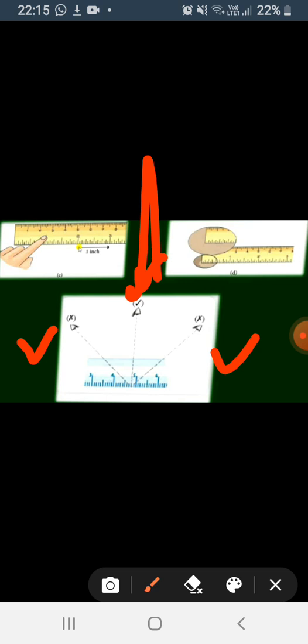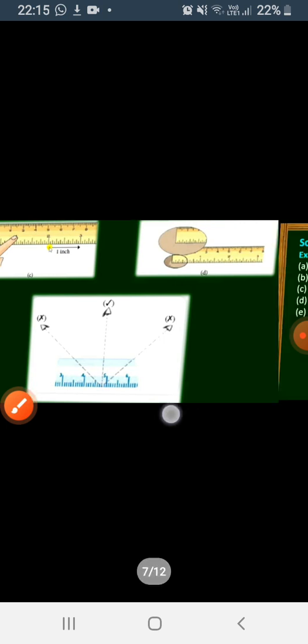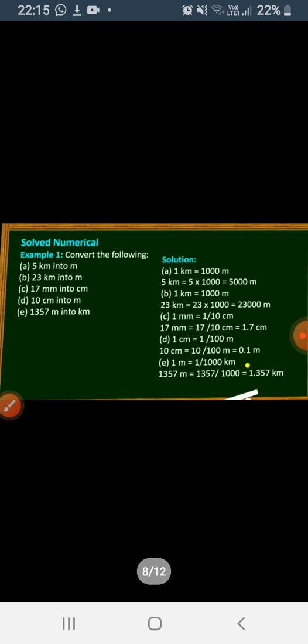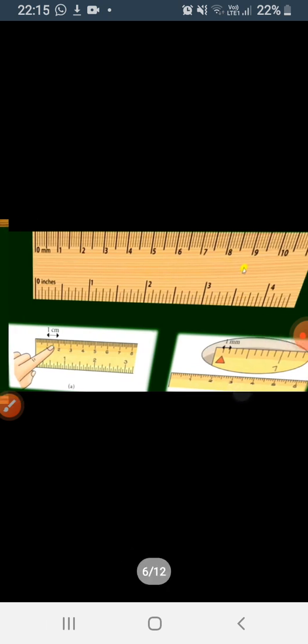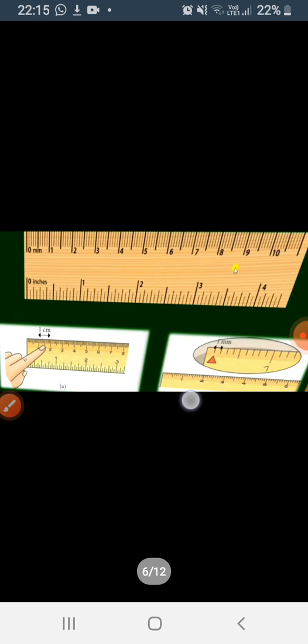So I hope today's lecture is clear to everyone, and you all know what is measurement, why there is a need of standard unit for measurement, what are the different physical quantities and units we are using. We have standard units to measure different physical quantities. As I told you, physical quantity is that property which can be measured and described by a number.